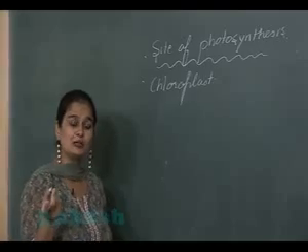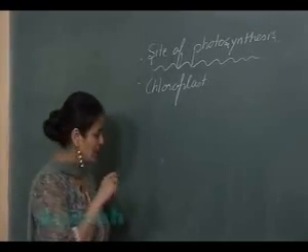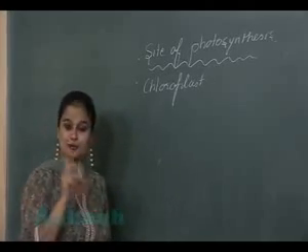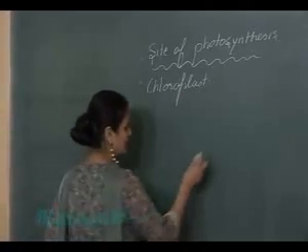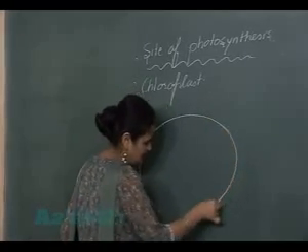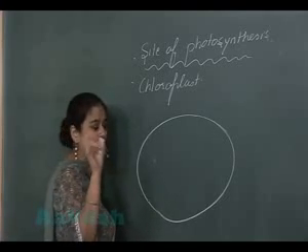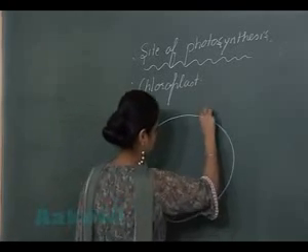Now the structure of the chloroplast I had discussed with you in the previous chapters, but briefly I am going to tell you the main points associated with it. Chloroplast, it is a cell organelle which is surrounded by an envelope consisting of two membranes.